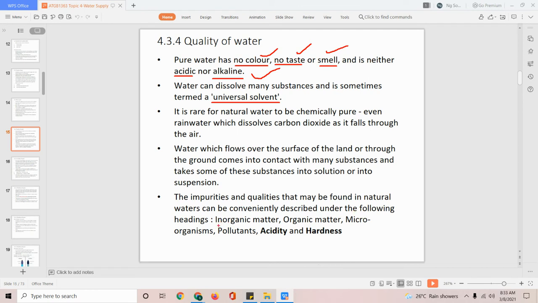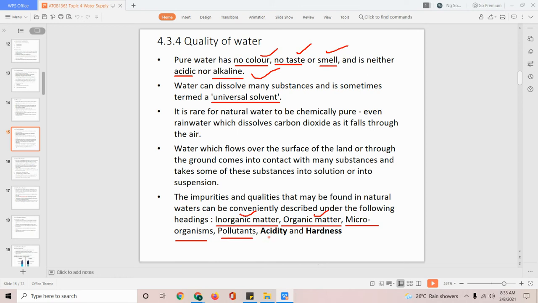Okay, so it can be contaminated with inorganic matter or organic matter. So it can be minerals. When it comes to organic matter, it will be fecal matter or even animals, or microscopic organisms, bacteria, and then any pollutant.